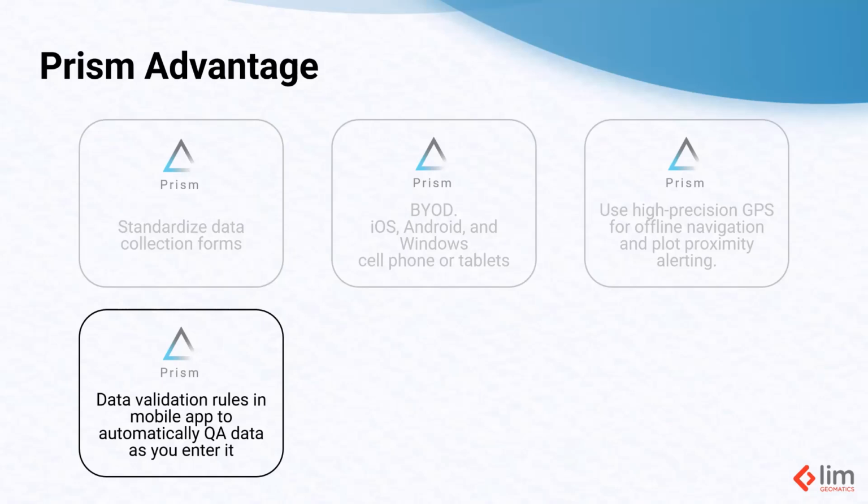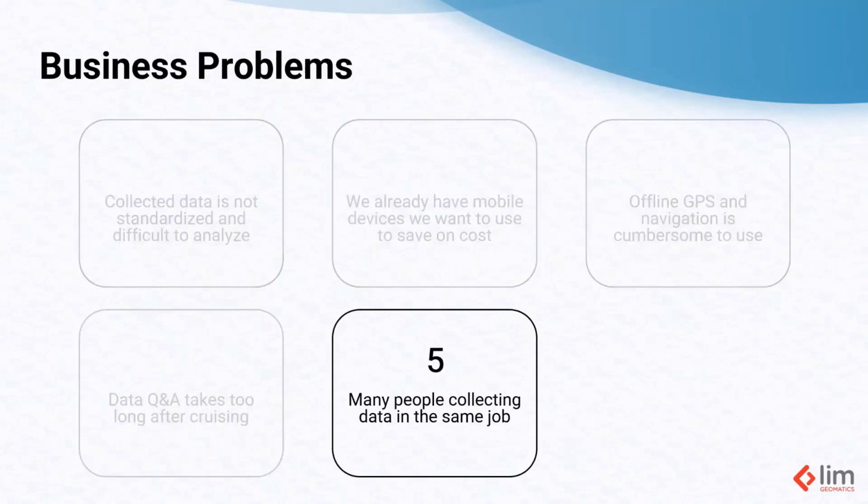As an example, you know the species in the area, you know what's realistic for values, you can configure that. So when the cruiser's out there collecting the data, if they enter something that just doesn't make sense, they get immediate feedback that this is likely an error in data input or something's wrong, and they really need to double check before they actually leave the plot. That way, they're not coming back synchronizing garbage data. So lots of cool features there.